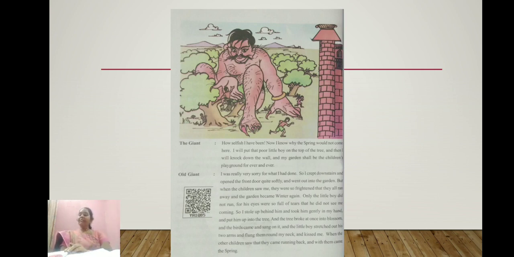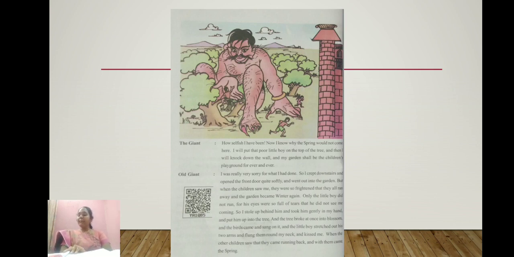Next, old giant: "I was really very sorry for what I have done. So I crept downstairs and opened the front door quite softly, and went out into the garden. But when the children saw me, they were so frightened that they all ran away, and the garden became winter again. Only the little boy did not run, for his eyes were so full of tears that he did not see me coming.